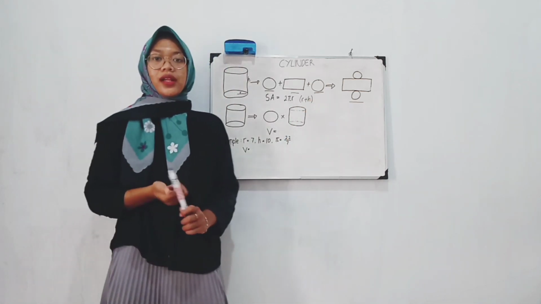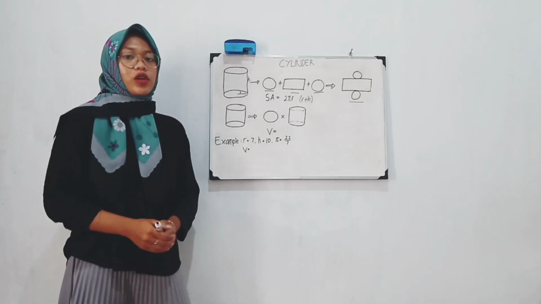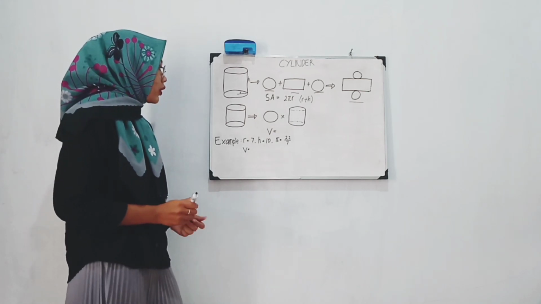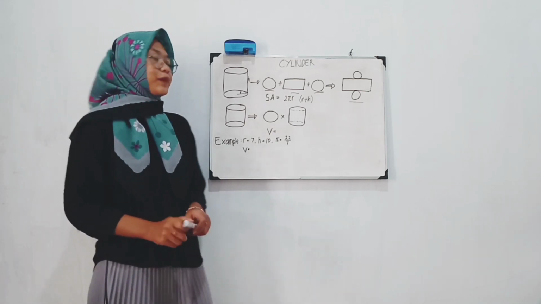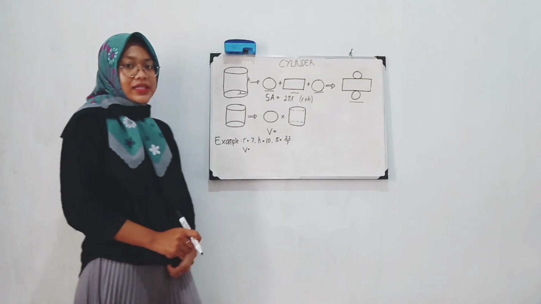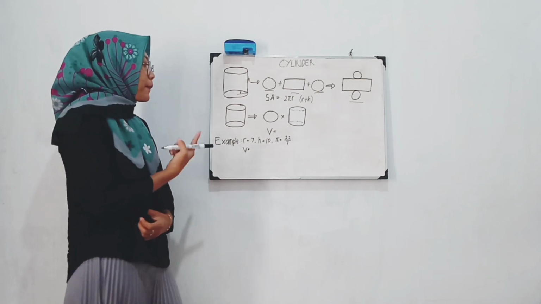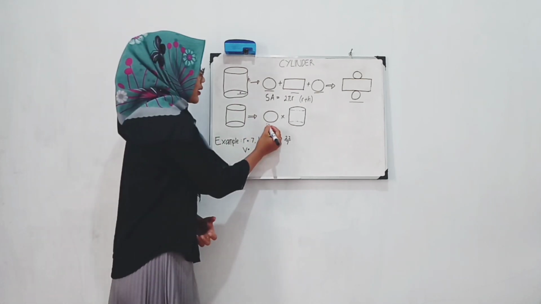Now, we will learn about the volume of a cylinder and the combined volume of two cylinders. Volume of a cylinder is base area times height of the cylinder. The shape of the base is a circle.